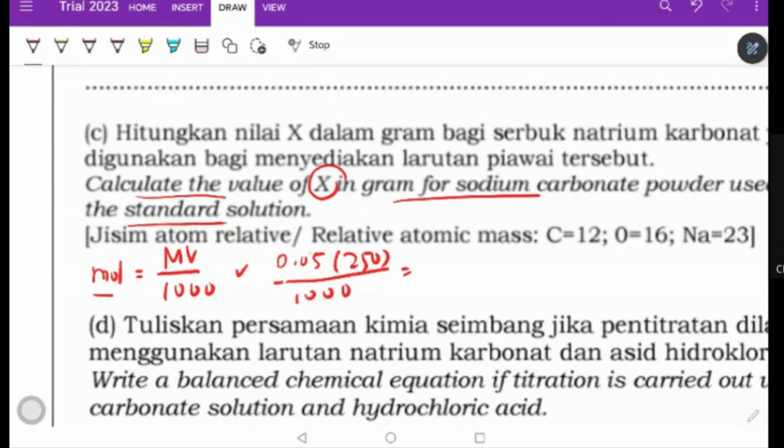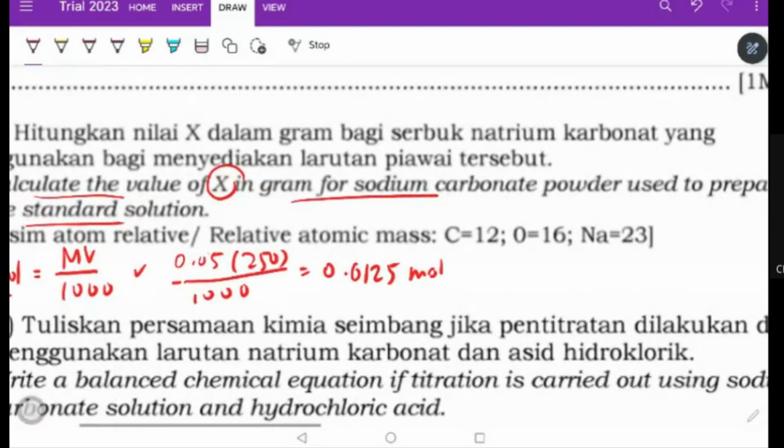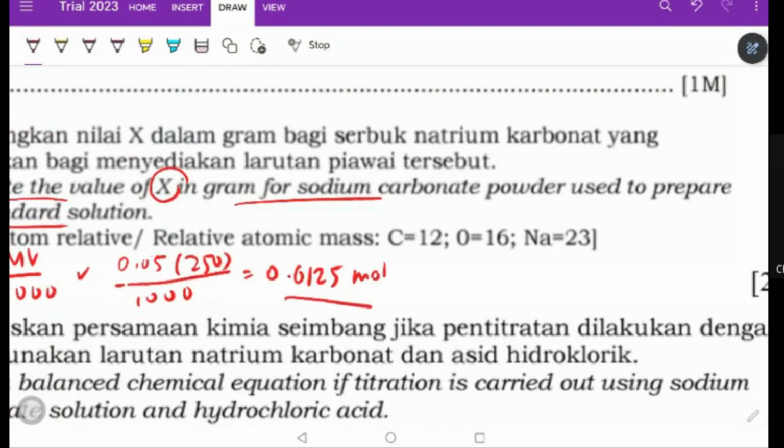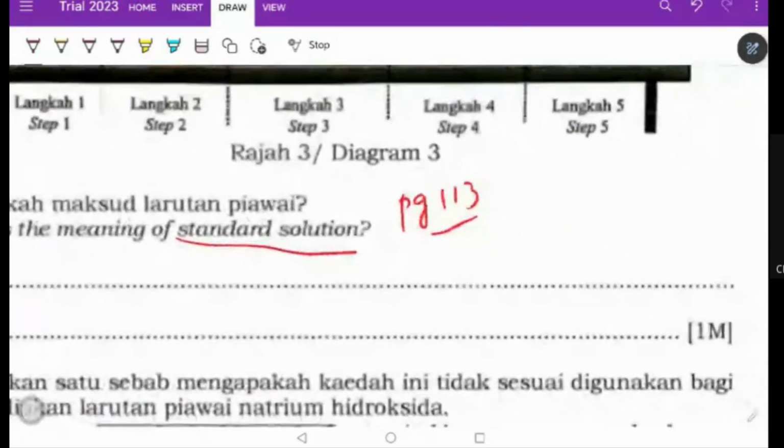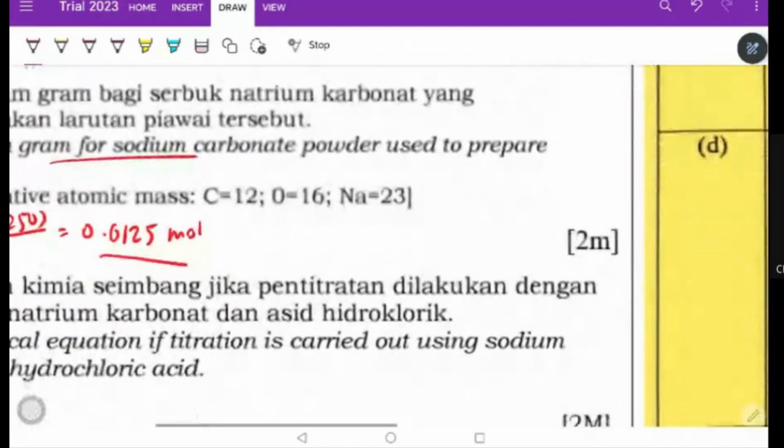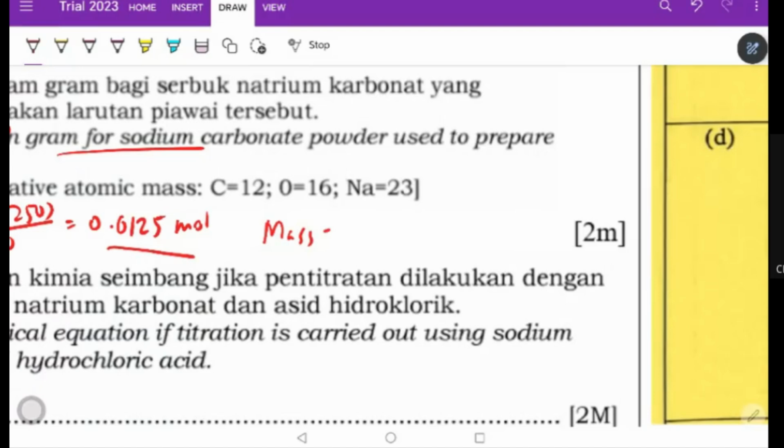So use your calculator. I think, yeah, 0.0125. Correct, no, class? Okay, correct. Now you have the mole. Can you find the mass? Yes, right. Okay. So you have mass, the mole times the molar mass, right?